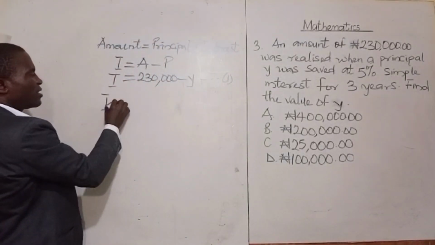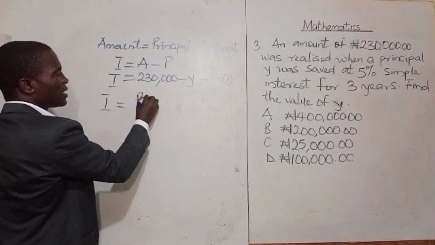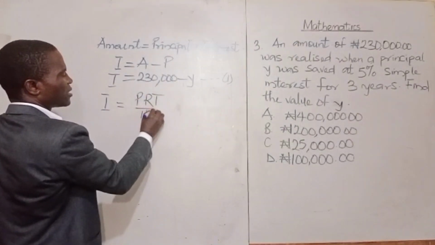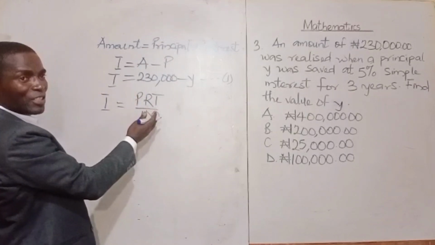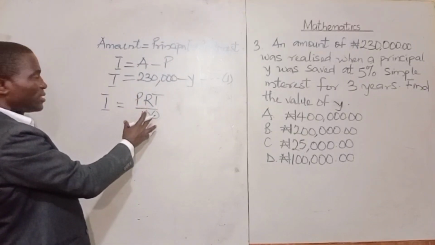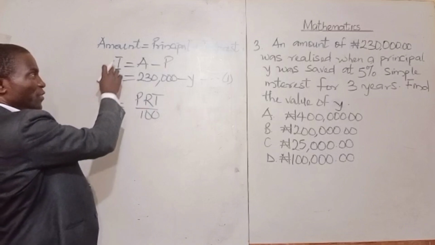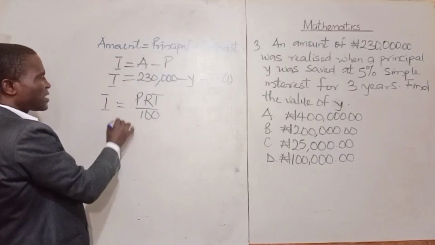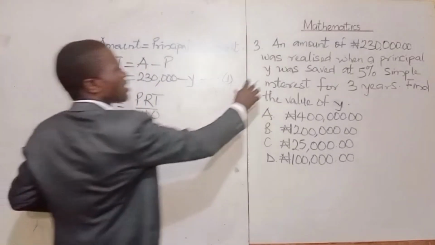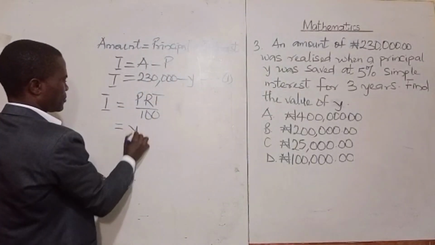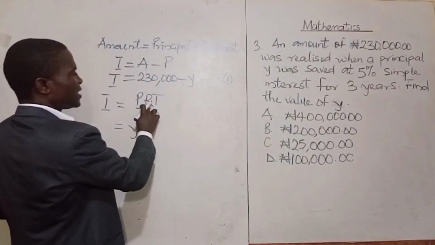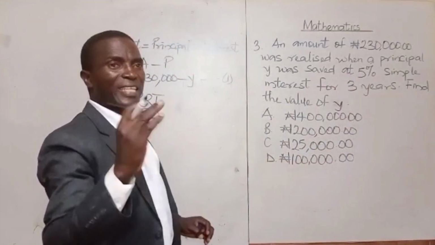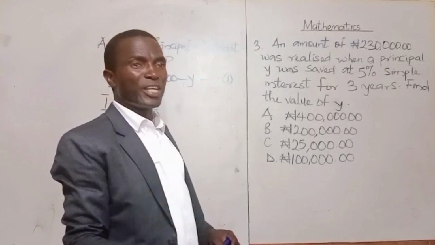There is also another formula called simple interest. Simple interest I being equal to the principal times rate times time all over 100. This is another formula of simple interest. The first formula of simple interest is this. This is the second one. And this one says that principal is the same thing as Y. Rate is the percentage increase that money yields after every year.